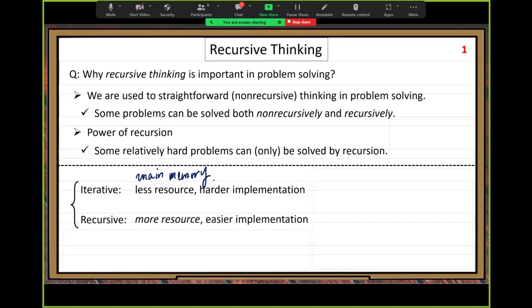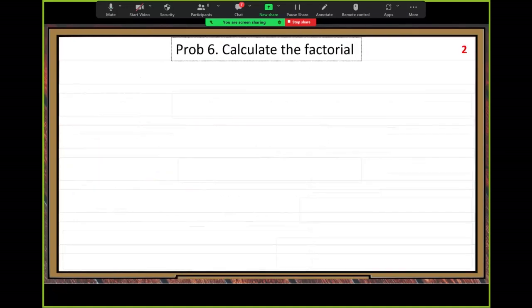Next, because we finish today and here we only have 10 minutes, I want to talk about our first simple example in recursion: calculating the factorial. We know the definition and the formula of factorial, and we do not need to use recursion, right?